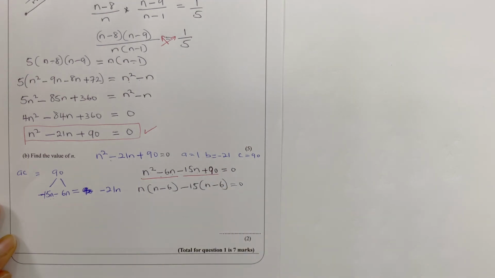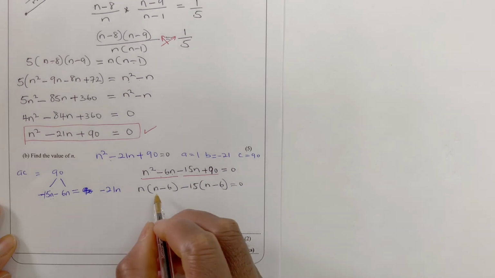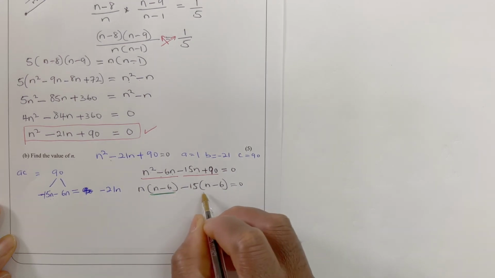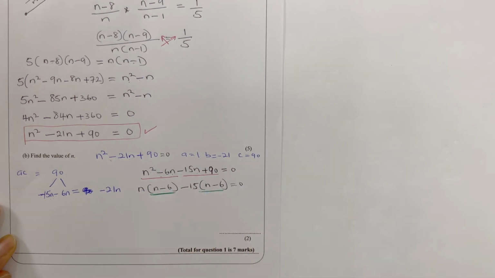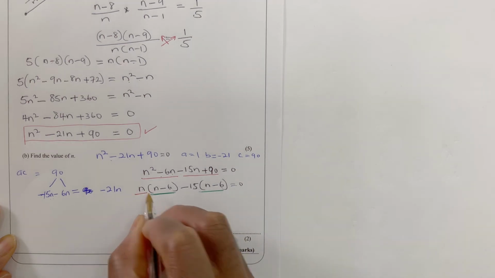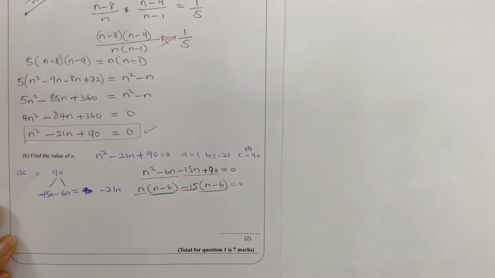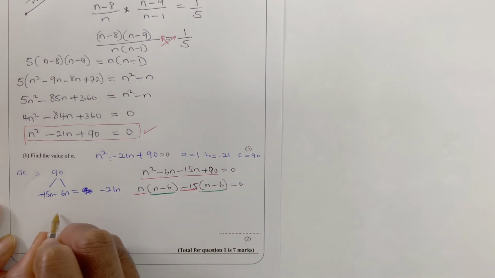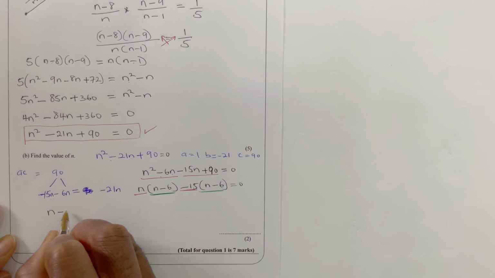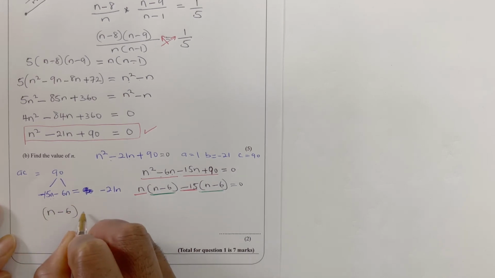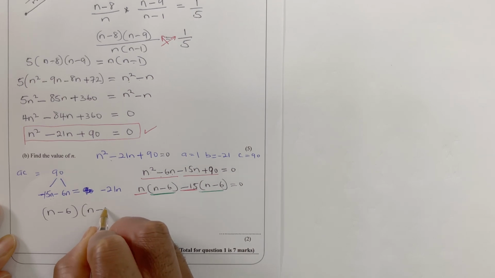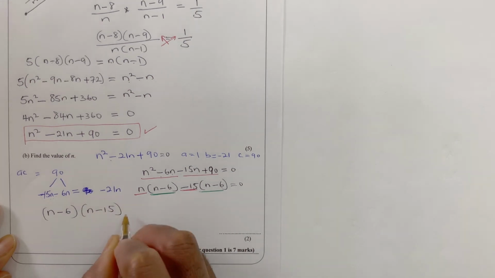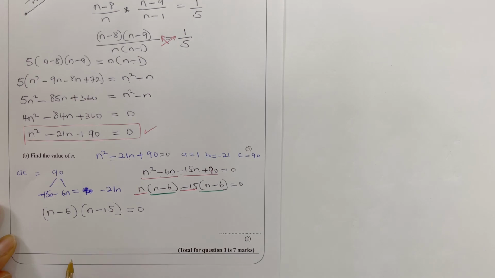So I can see another factor here, n minus 6, and what's left from that factor is n minus 15. So n minus 6 is a factor, and what's left is n minus 15, and that equals 0.